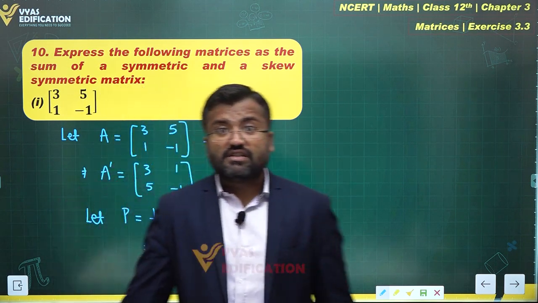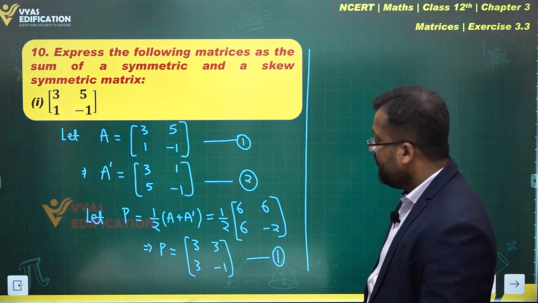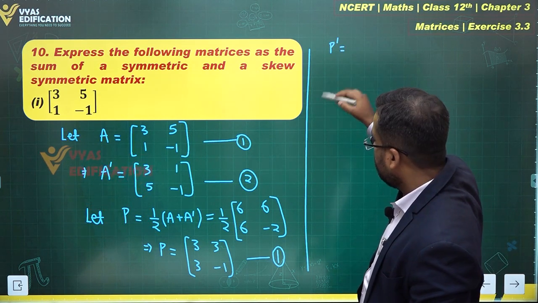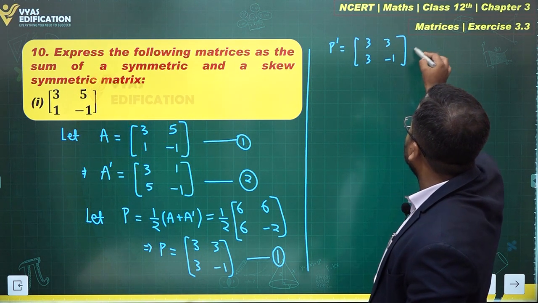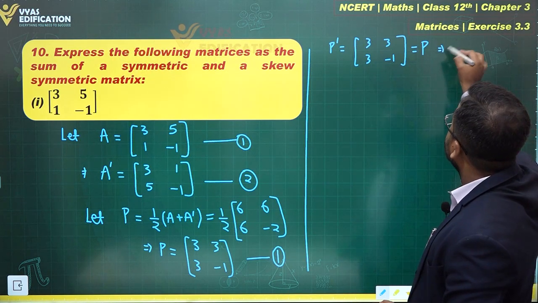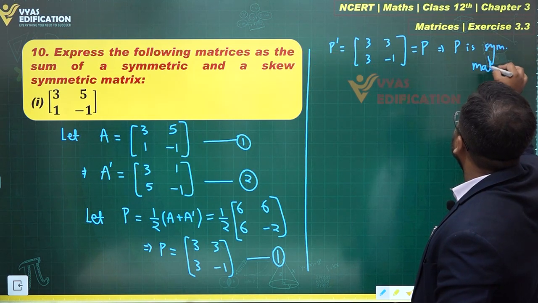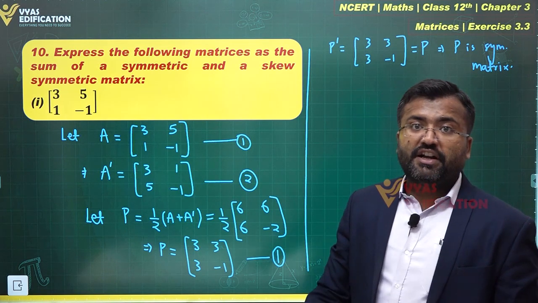Observe that P prime is equal to 3, 3, 3, minus 1, which is equal to P only, and implies P is a symmetric matrix. Pretty interesting. We have found P and P is a symmetric matrix.